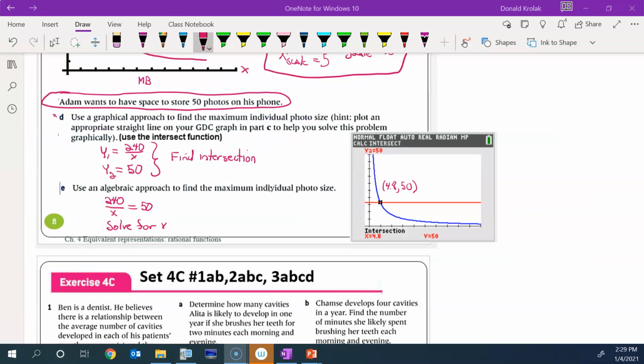Okay, so to answer our question, find the maximal individual photo size. Okay, that would be the x coordinate. So my answer is going to be the max photo size is 4.8 megabytes.